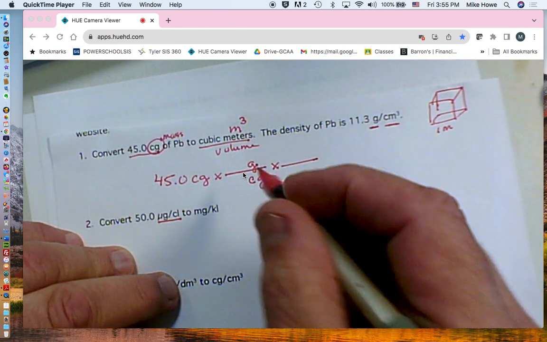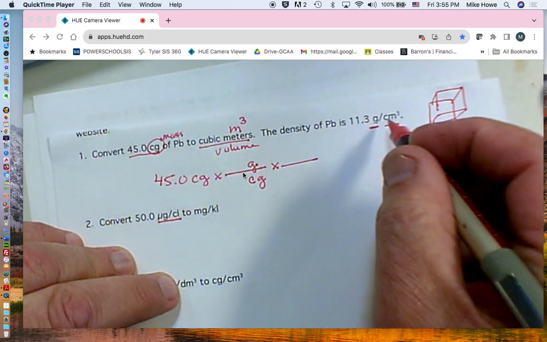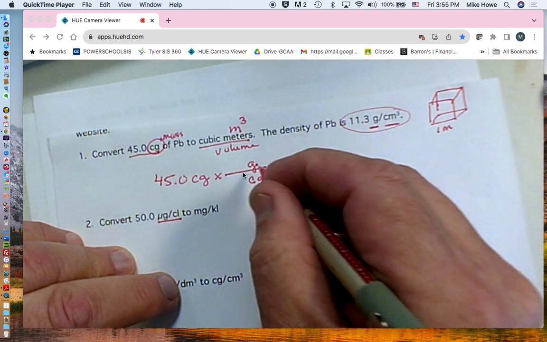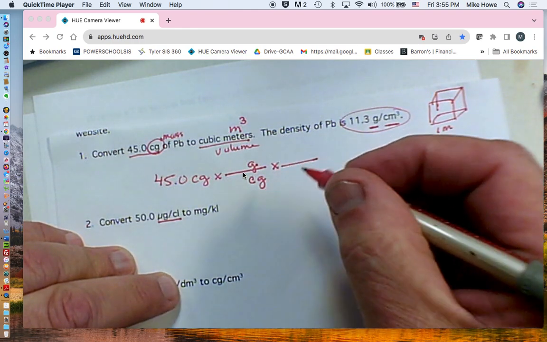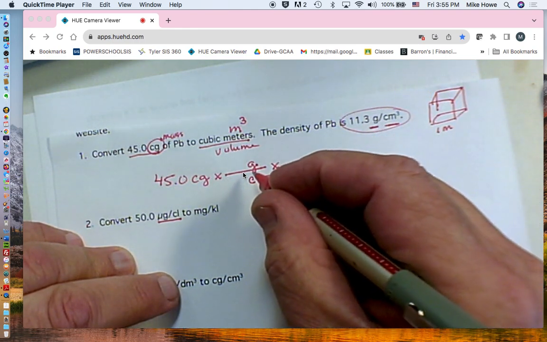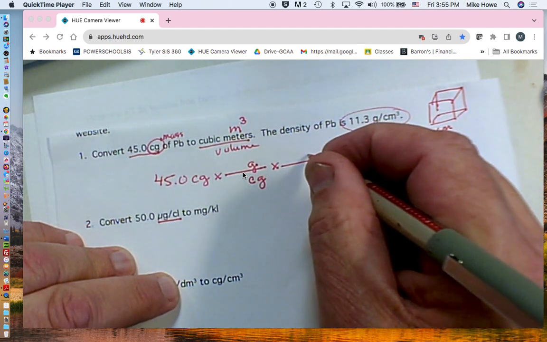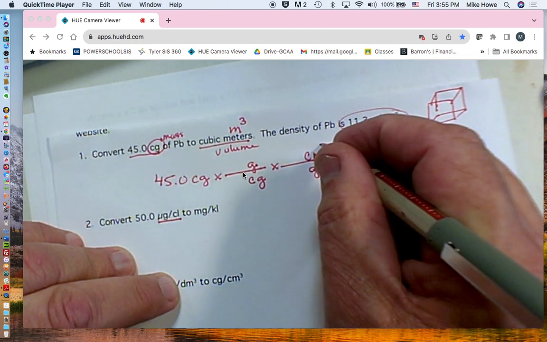Now, we need to get rid of grams. We know that there's 11.3 grams equal to 1 cubic centimeter, so I'm going to need to put grams where it would cancel. Would that be on the bottom or on the top? Well, since grams are here, we need to put them opposite. They have to go on the bottom. Then we put our cubic centimeters on the top.